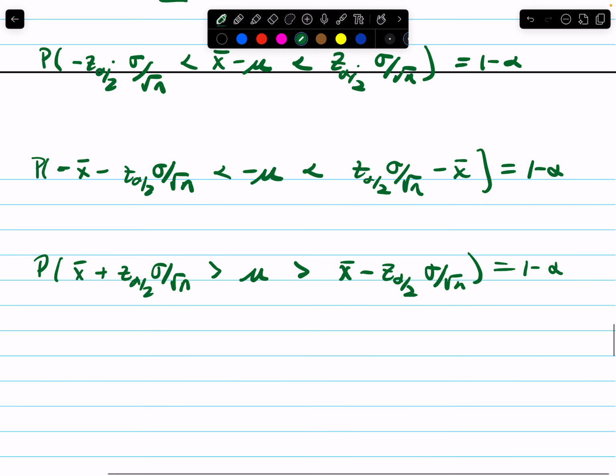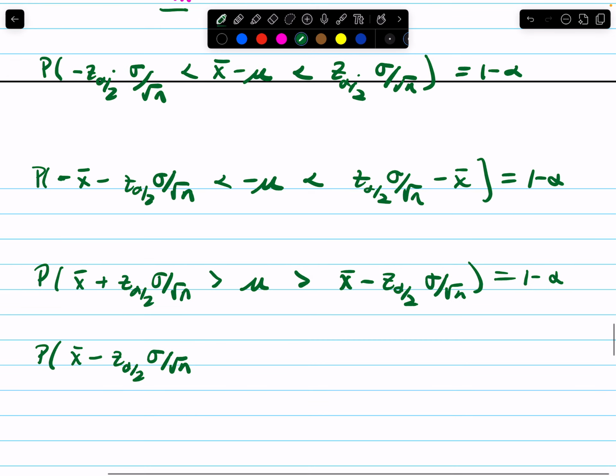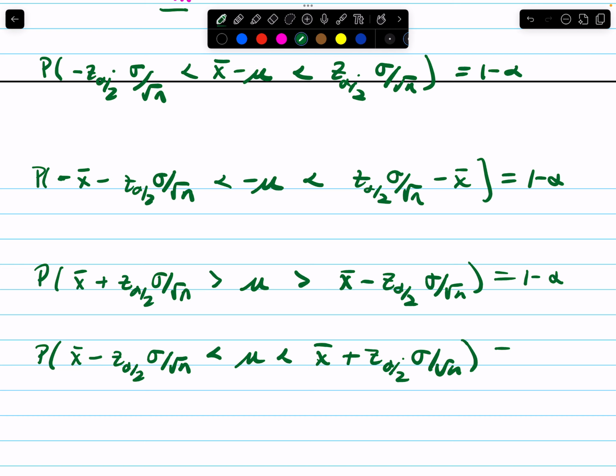And our last step is to write this in the order that we're used to reading inequalities, where the smallest is first. So we're just going to flip this around, and we get the probability x bar minus z alpha over 2 sigma over the square root of n is less than mu, less than x bar plus z alpha over 2 sigma over the square root of n. And that's equal to 1 minus alpha.